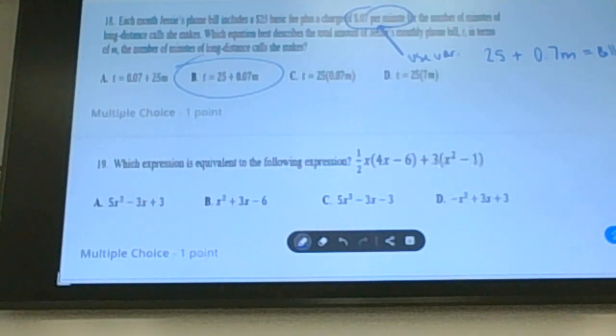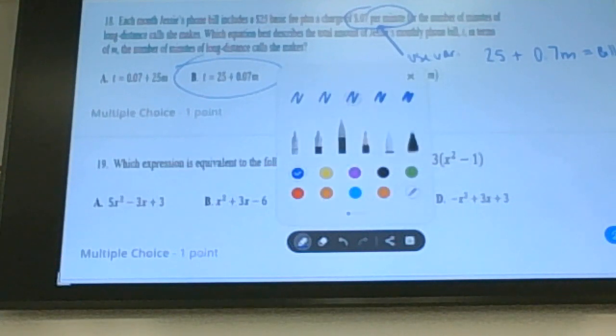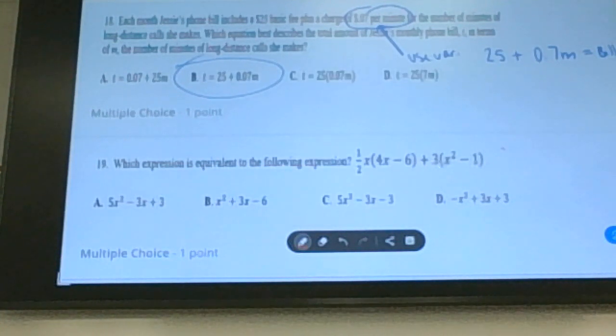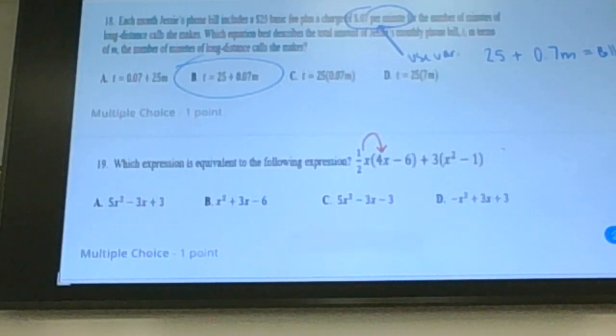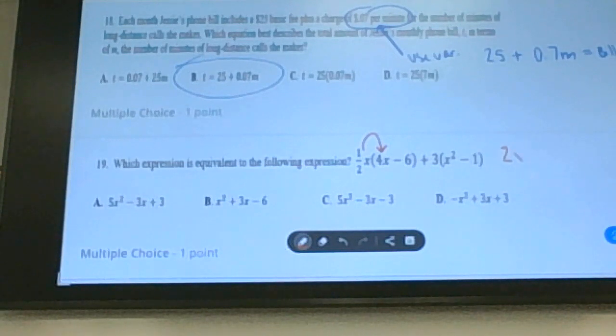Number 19 is distribution. So we're going to practice multiplying by 1/2 without a calculator. 1/2 times 4 is 2. 1/2 of 4 is 2. X times x is x squared. 1/2 times 6 is 3, and it'll have an x with it. Remember, 1/2 is just dividing by 2.